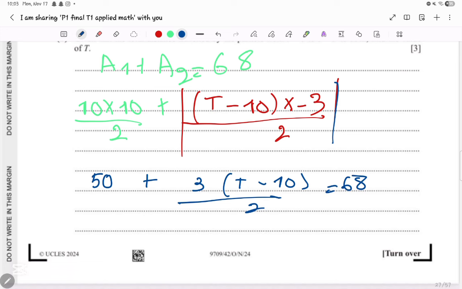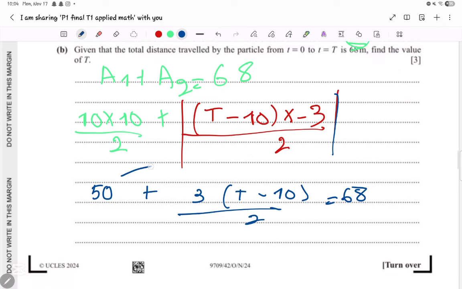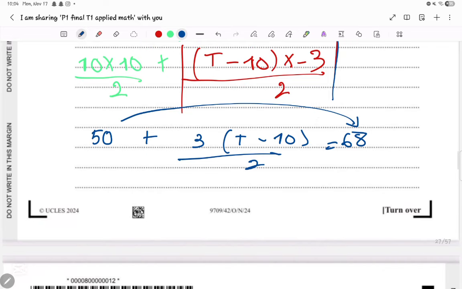Now I'll move 50 to the other side. I get 68 minus 50, which is 18. So 3 times T minus 10 is equal to 18, and don't forget over 2. Now I move 3 over 2 to the other side.